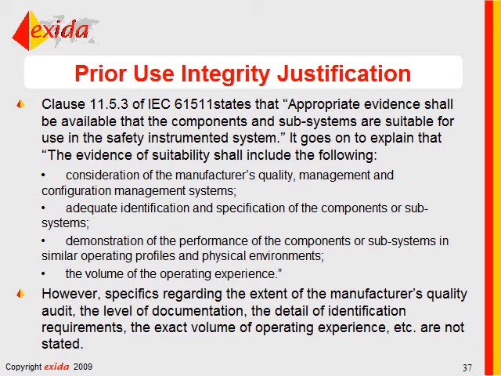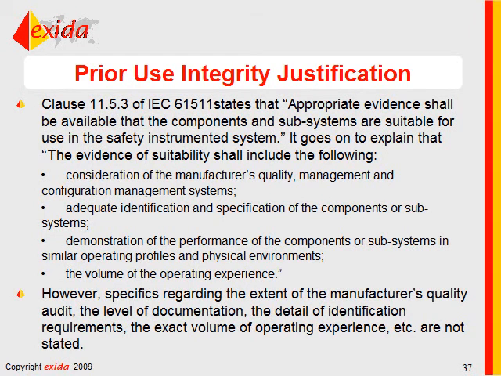Evidence of suitability shall include consideration of the manufacturer's quality management and configuration management systems, adequate identification of the product, demonstration of performance, and volume of operating experience. Now, we must say that 61511 is not very specific about what these 4 bullets mean.